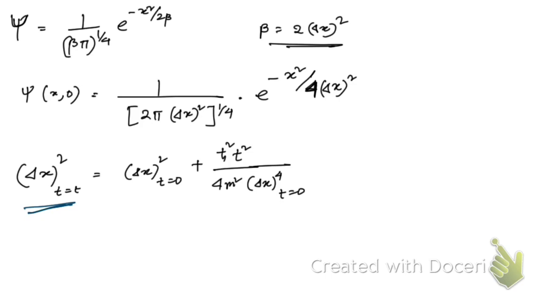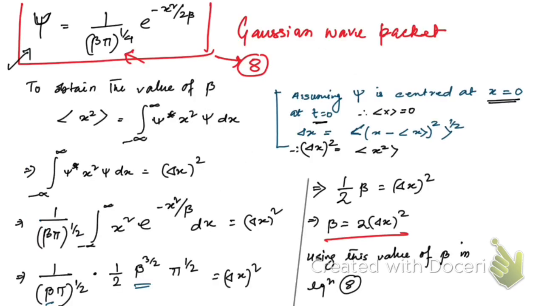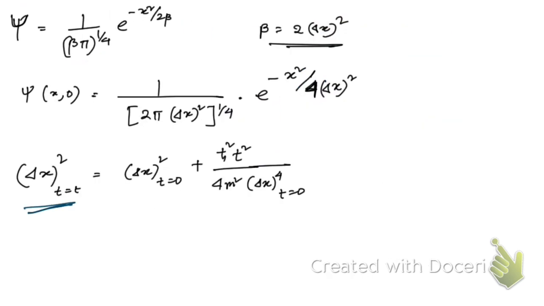The Gaussian wave packet is already obtained in equation number 8. If you put the value of beta, then you're going to get this expression, sorry, not this one, this one.